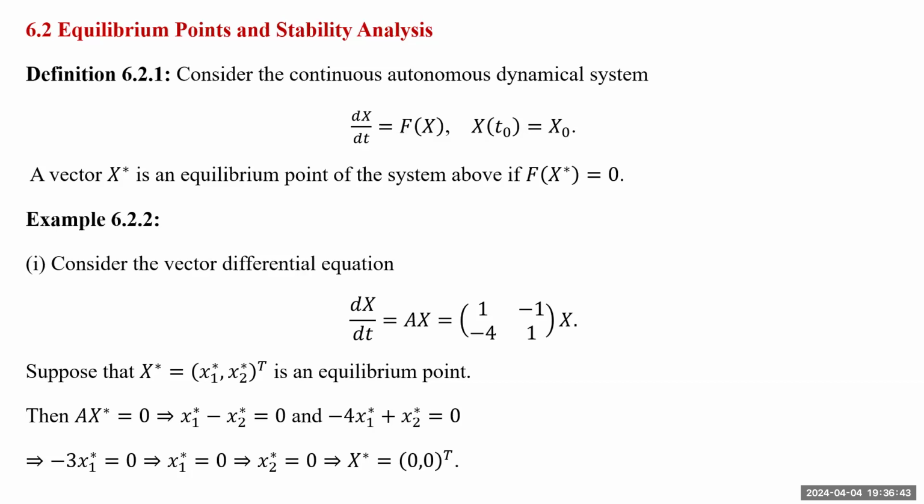So let us see, this is my continuous autonomous dynamical system dx/dt equals f of x with initial condition at t naught equals x naught.